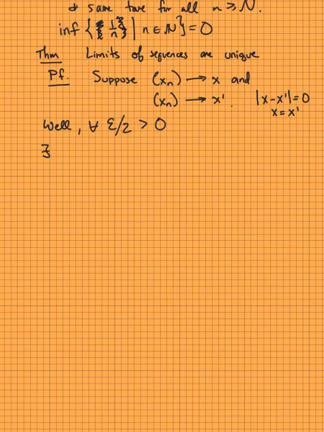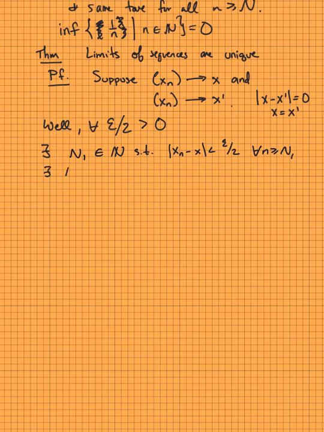So what do I know? I know that there exists some n1 in N so that |xn minus x| is less than epsilon over 2 for all n bigger than or equal to n1.